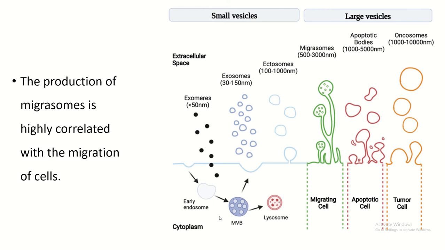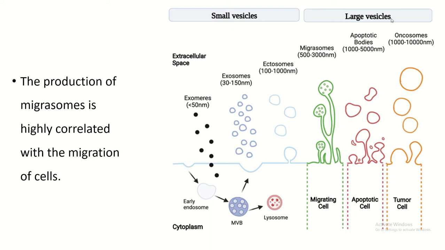These are the vesicles present within the cell. According to size, there are two groups of vesicles: small vesicles and large vesicles. The smallest vesicle, named exomere, is less than 50 nanometers, then exosome 30 to 150 nanometers, ectosome 100 to 1000 nanometers.